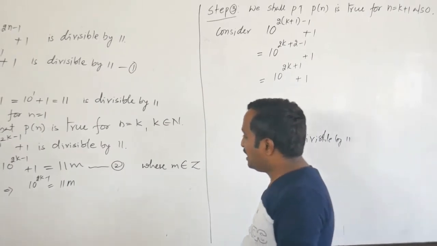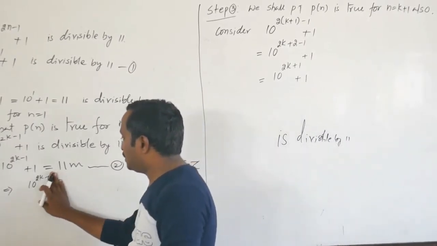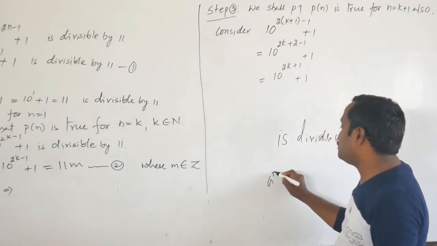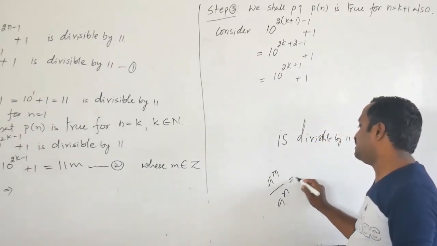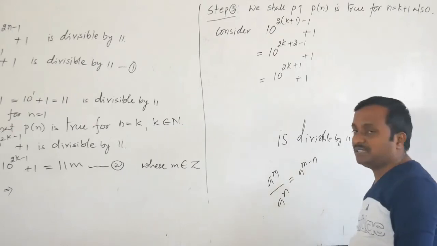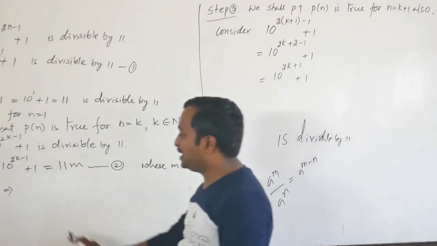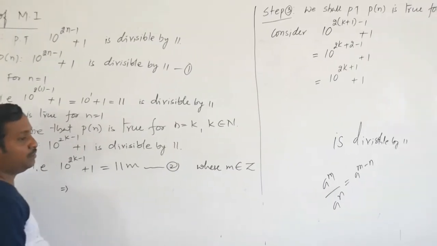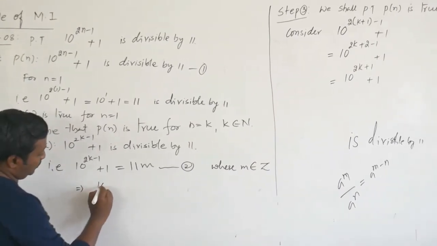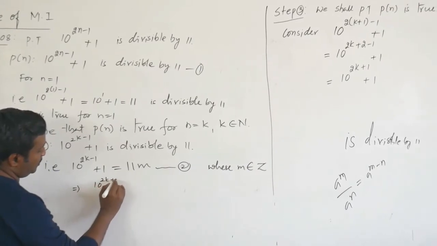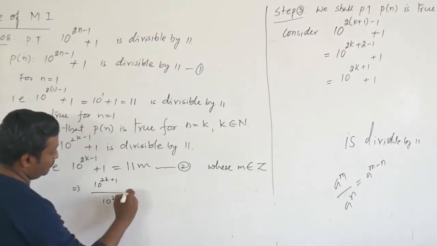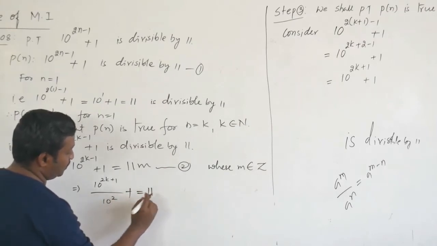So observe what I do. To observe this, first recall a raised to m by a raised to n is equal to a raised to m minus n. Consider that point. This is the main point. Understand it a little here. 10 raised to 2k plus 1 by 10 square plus 1 is equal to 11m.